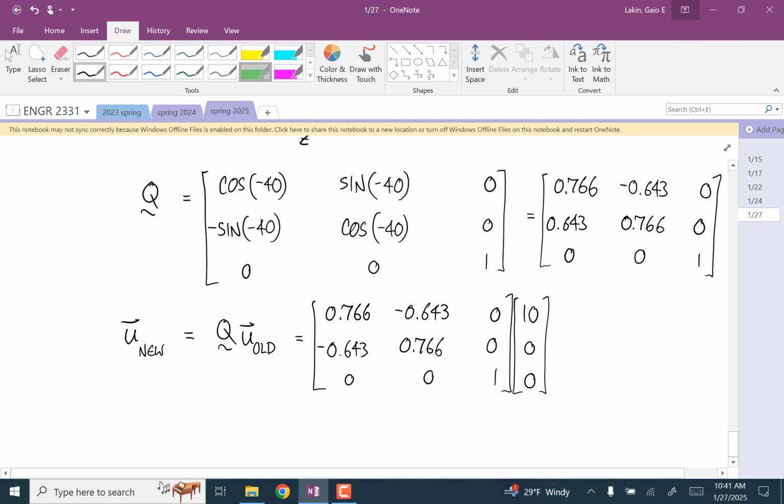And if you multiply this, you get 7.66. I have a negative here where I shouldn't have. 6.43, 0, which is what we expected.